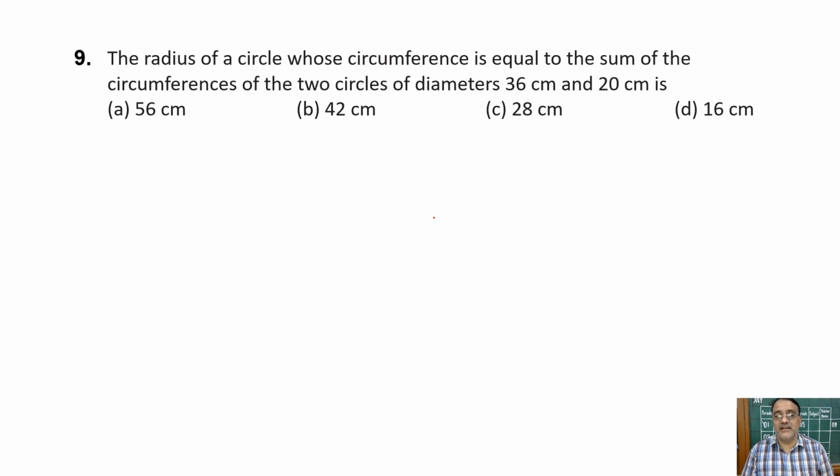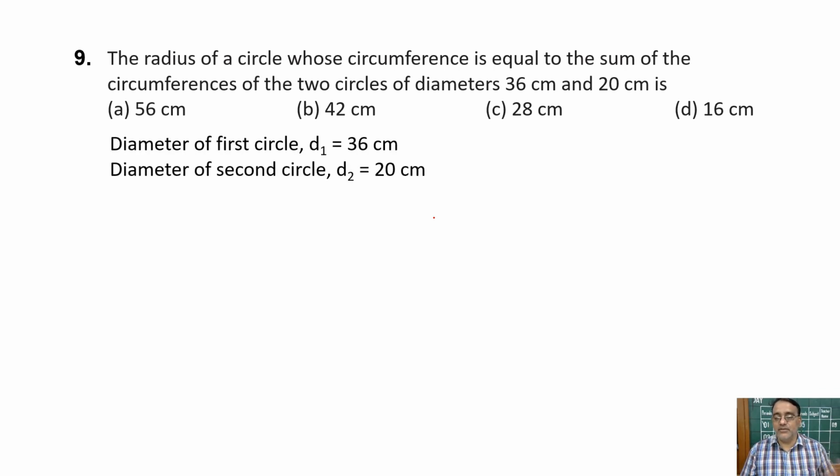The radius of a circle whose circumference is equal to the sum of the circumferences of the two circles of diameters 36 centimeters and 20 centimeters is dash. So again, the diameter of the first circle is given as 36 centimeters and the diameter of the second circle is 20 centimeters, right? And we know the formula for circumference is 2 pi r, or we can write pi into d also.